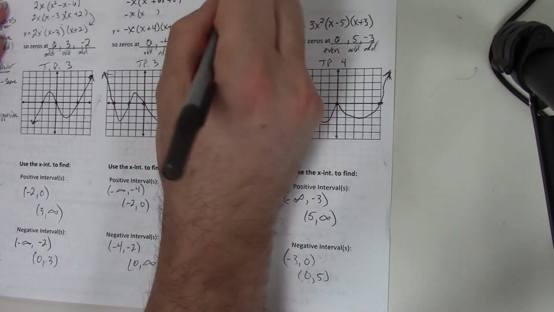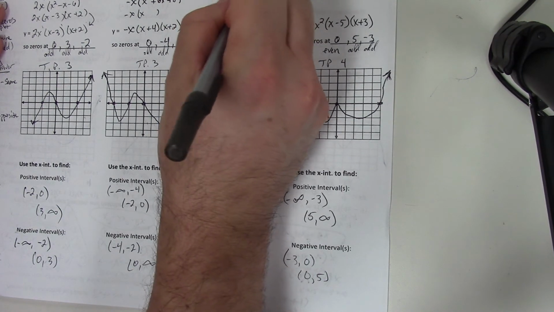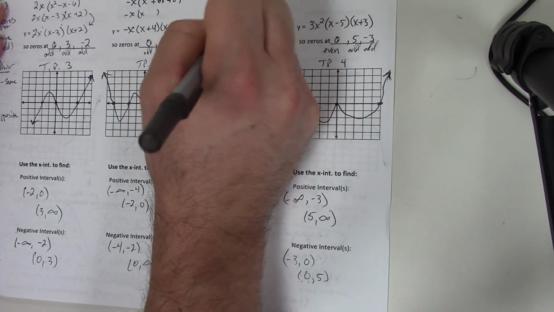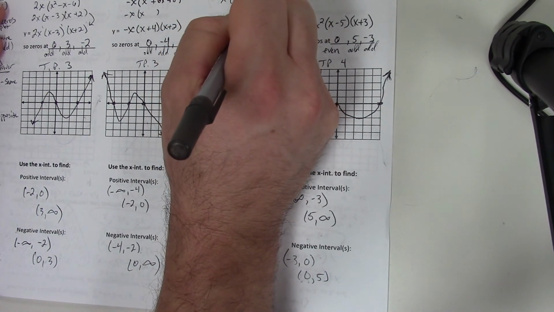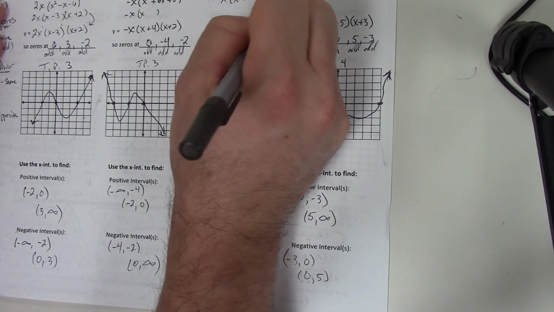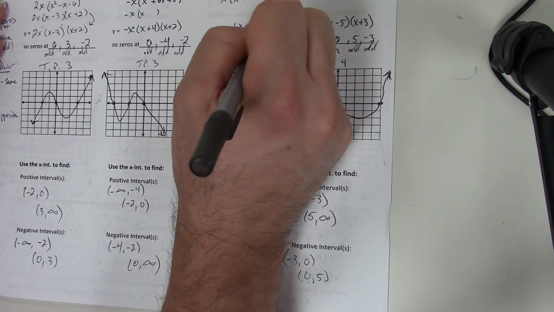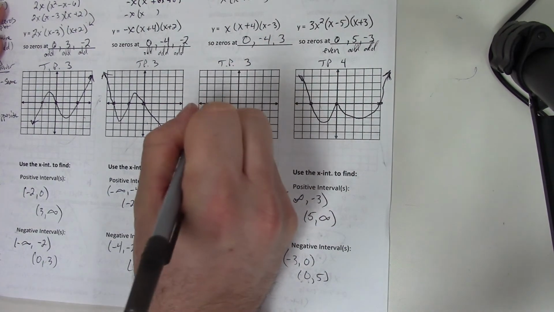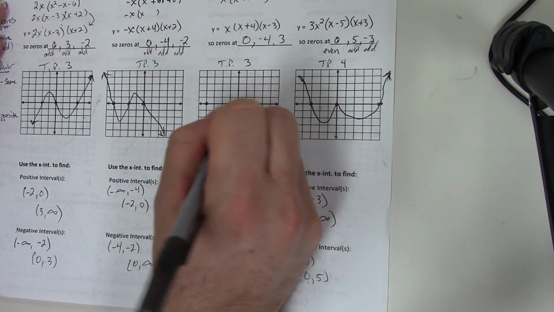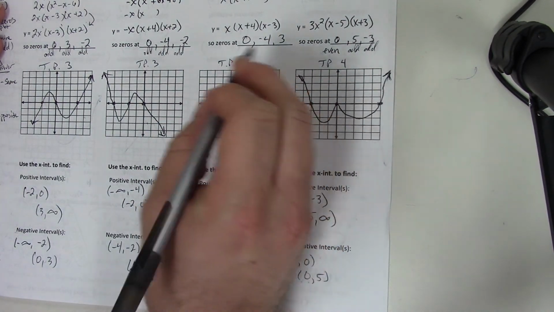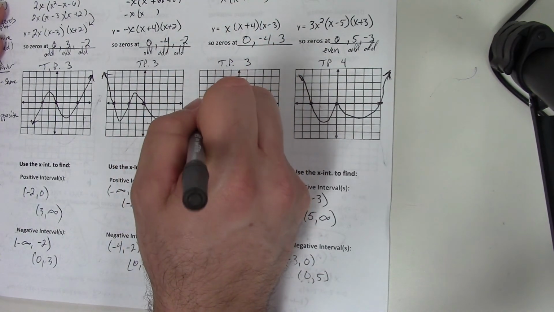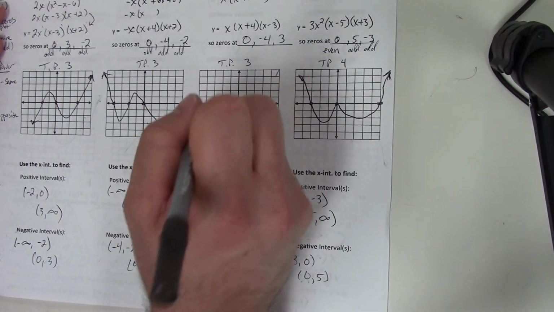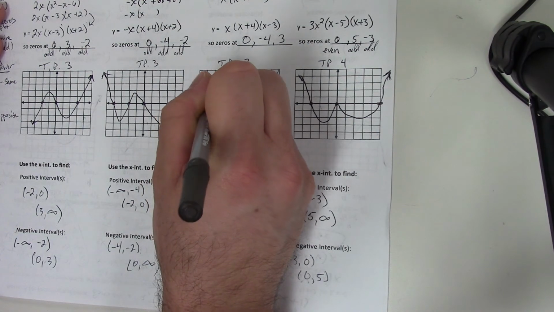Okay. Positive and negatives. Okay, and then for the last one, I'm going to factor an x out. That factors to plus 4 minus 3, which gives me 0, negative 4, and positive 3. Plot those points. And again, I'm going to start down, end up, because it is a positive cubic.